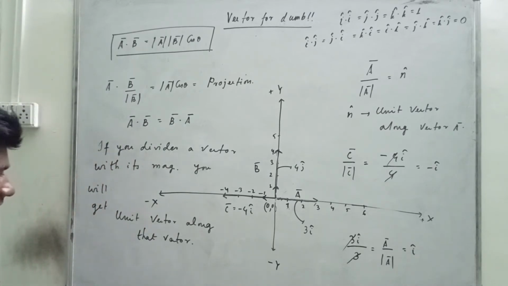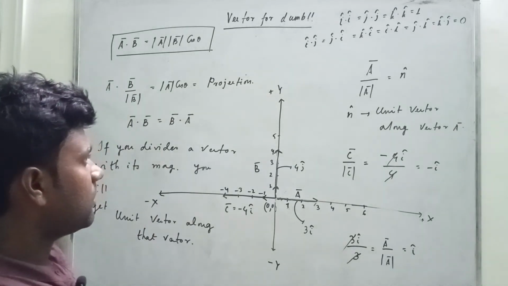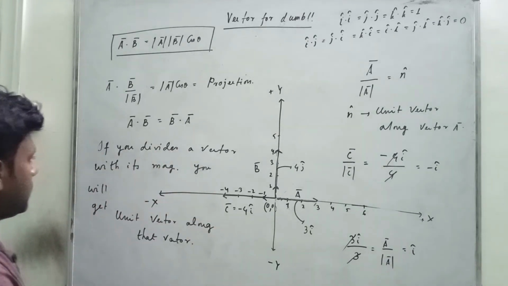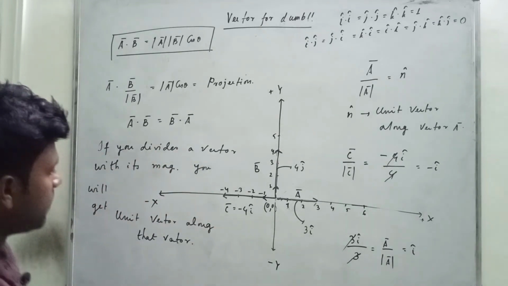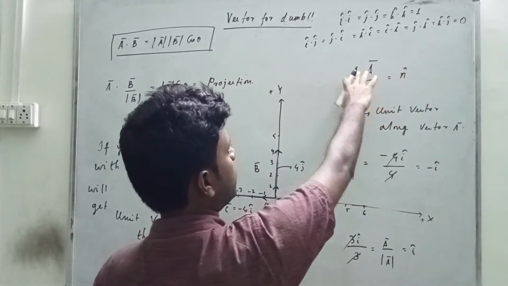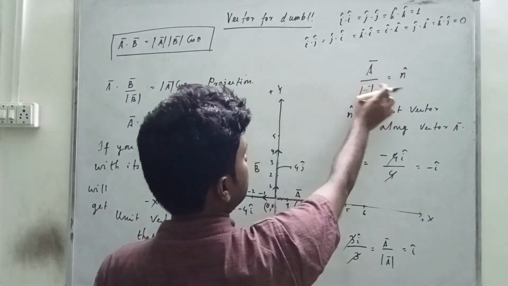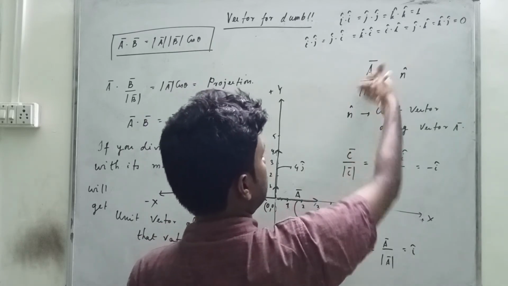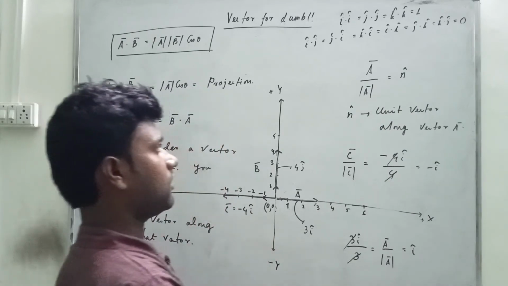It's a very simple case. Okay. So it is our number 3 crucial finding. If you divide a vector by its magnitude, you will get the unit vector along that vector. It is a general consideration. If vector A is divided by the magnitude of A, you will get n hat. n hat means the unit vector along the vector A.